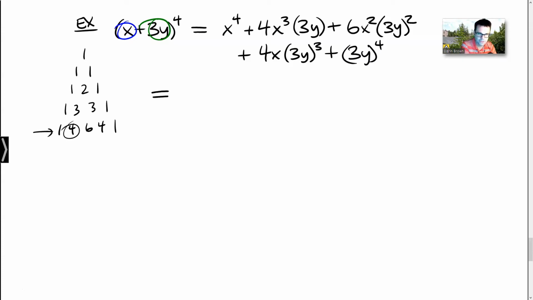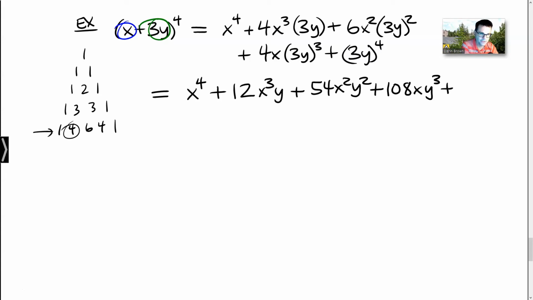And of course, we should multiply stuff out here, and we get x to the fourth plus 12x cubed y plus, we've got a 9 and 6, it's 3 squared and 6, would be 54 x squared y squared plus 27 times 4. What is 27 times 4? 108. So plus 108 x y cubed, and then plus 81 y to the fourth.